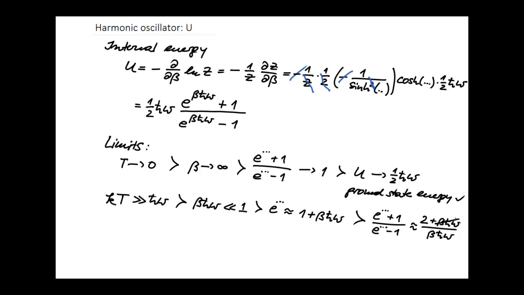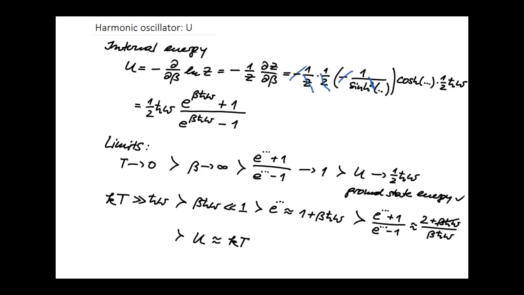When you finally multiply that with the 1/2 h bar omega in the formula for the internal energy, then the h bar omega cancels out. The 1/2 cancels against the 2. And all that is left is U is approximately 1 over beta, which is kT.